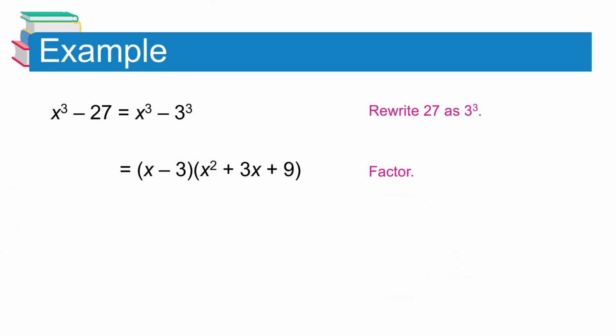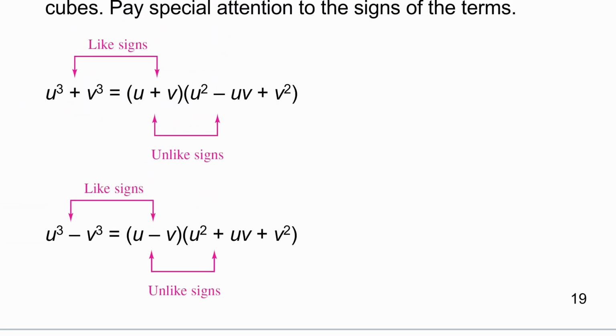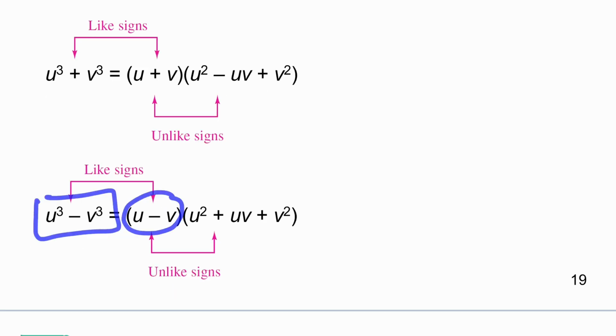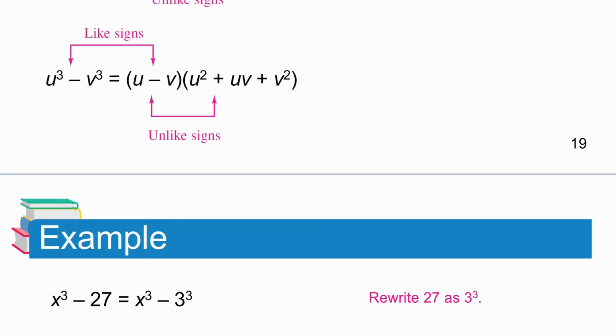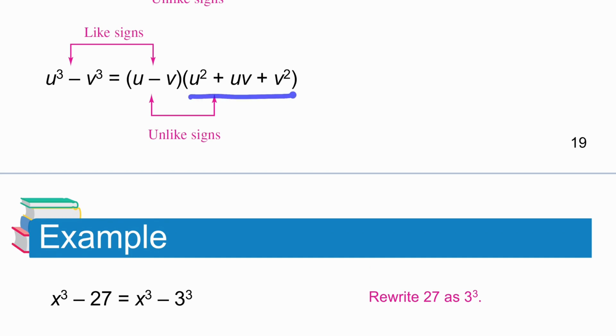So looking at an example, we have the difference between two cubes here. And because we have difference, we know that the binomial is the one that's going to have the negative sign. So we have the x minus 3, and then we have the u squared plus uv plus v squared.